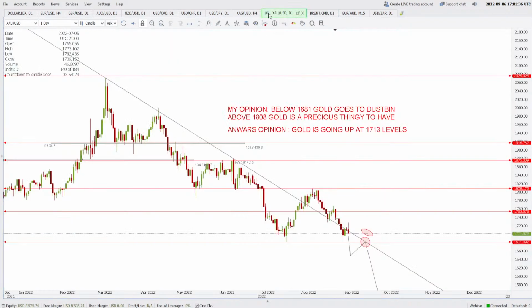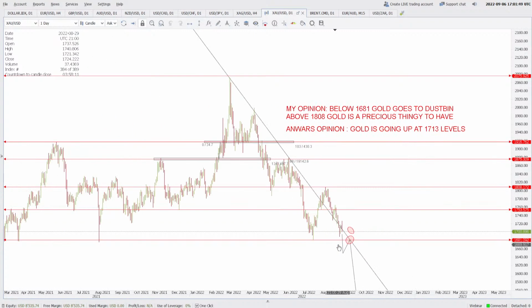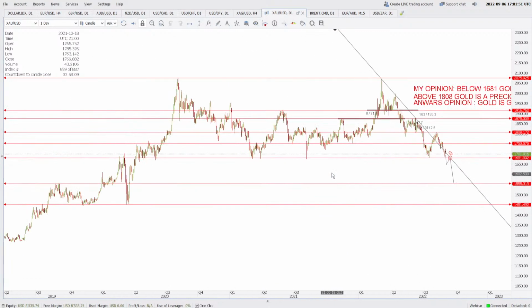For gold, I am saying that below 1681 you should not keep it in your portfolio in the long direction. You should only sell gold below 1681, because gold has no support below 1681. The next support is 1555, and after that 1451.